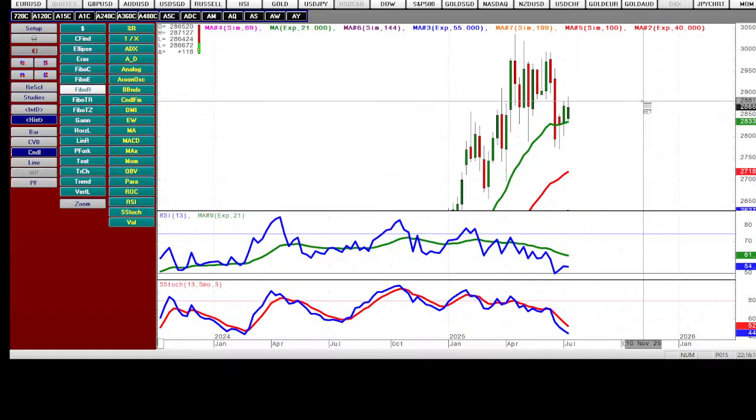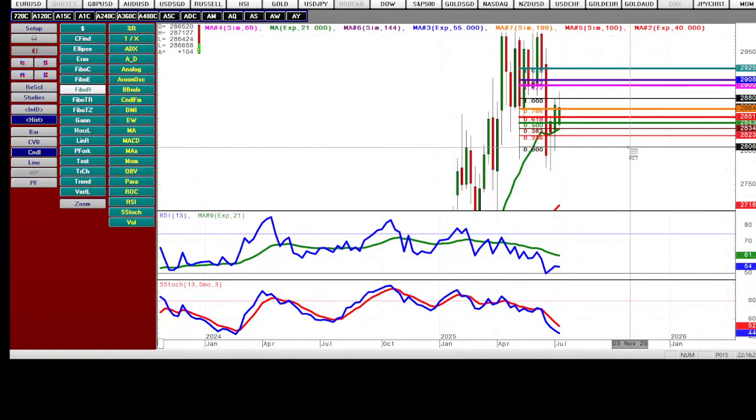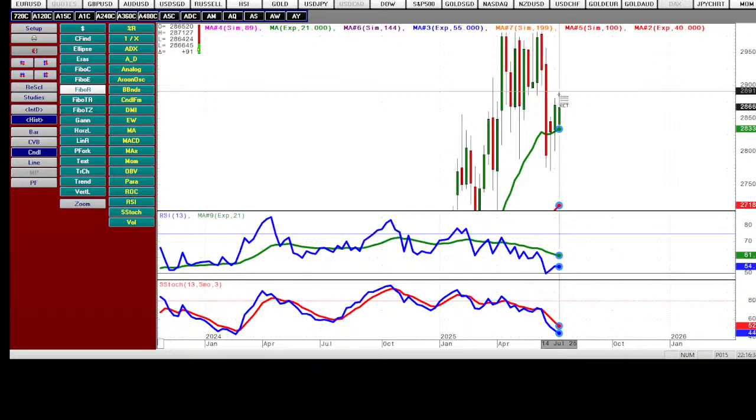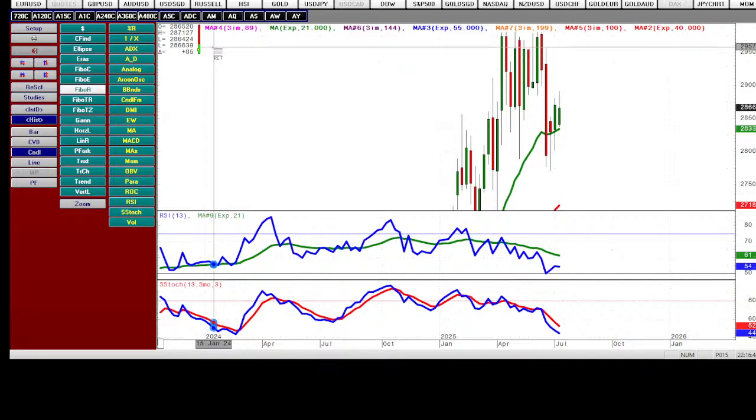So we are expecting a support and go for the buy on the gold euro, and our target should be 2910 or 2899.5. Okay, we'll take it as 2891 or 2895.